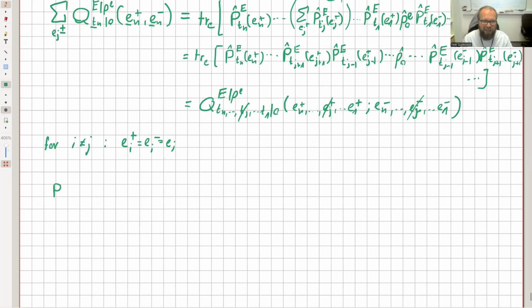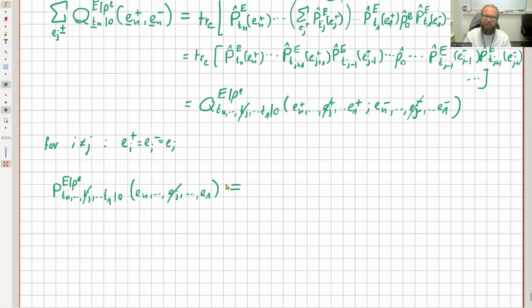So on the right side, you get E rho E, Tn, Tj, this is knocked out, T1, 0, En, Ej knocked out, E1. So this is the right-hand side.